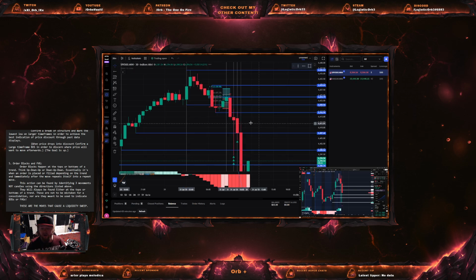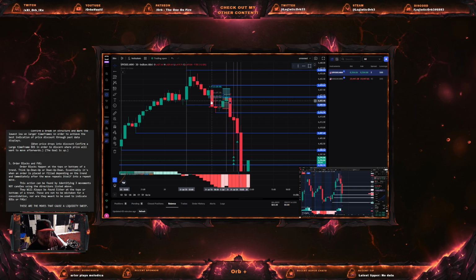Here's our 30-minute here. We've already identified this right here as an order block specifically, but from here we didn't really see any break of structures throughout this, except for this candle here. And we did the same thing for this right here, okay? So we saw that on the 30-minute we had a break of structure here before anywhere else, right?